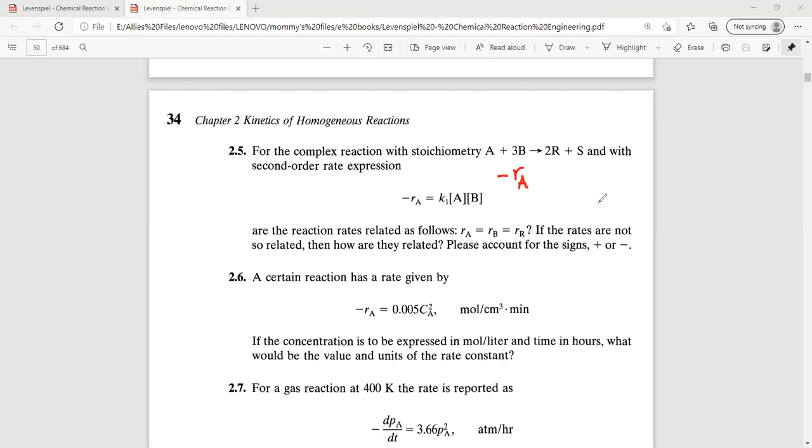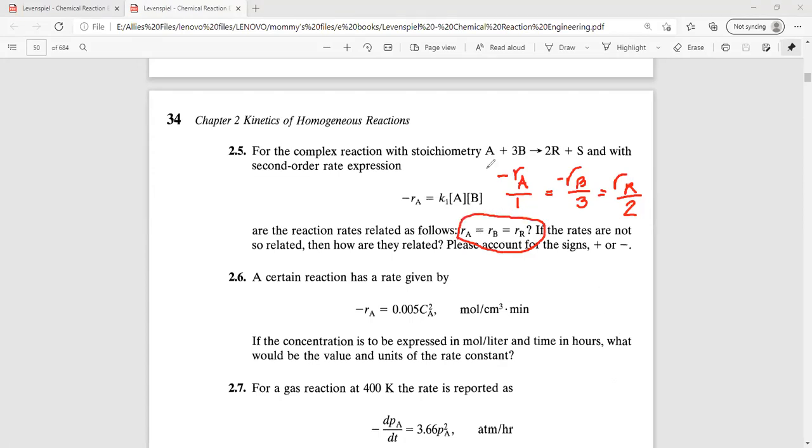So how should we write this? Negative rA over 1 is equal to negative rB over 3 is equal to positive rR over 2. Thank you, Marcel. So this is correct. This particular relationship provided here is wrong.